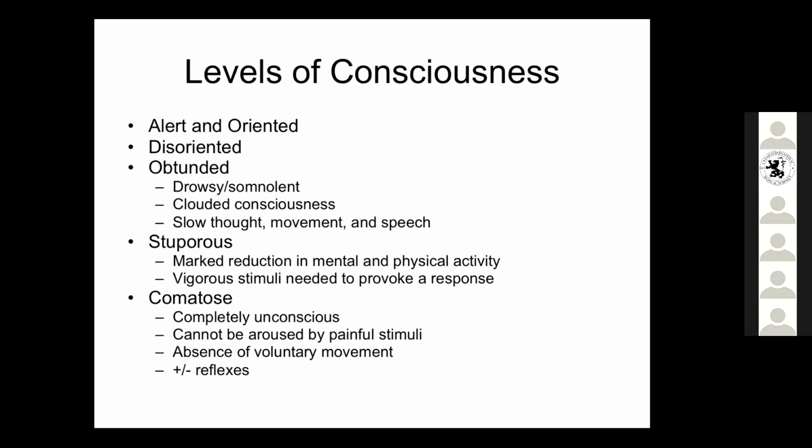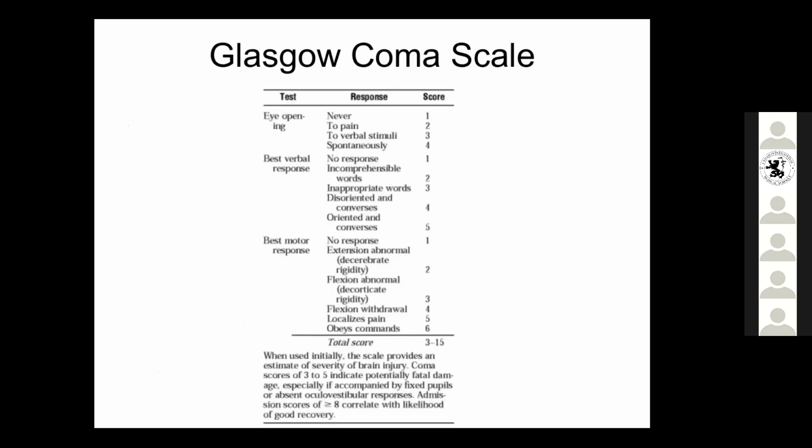The levels of consciousness, we have 3 main levels of consciousness: alert, and then if they are not alert and oriented, then it can either be stupor or coma. So we evaluate the level of consciousness based on the Glasgow Coma scale, and we have 3 components: eye-opening, verbal response, and motor response, and each component is given a score.